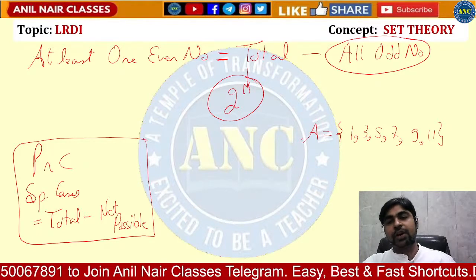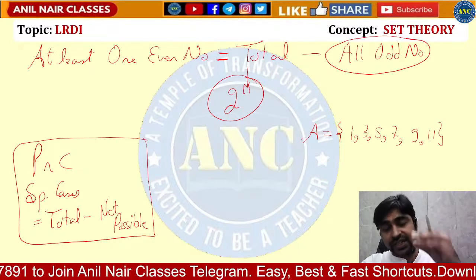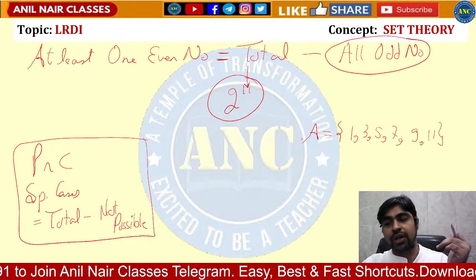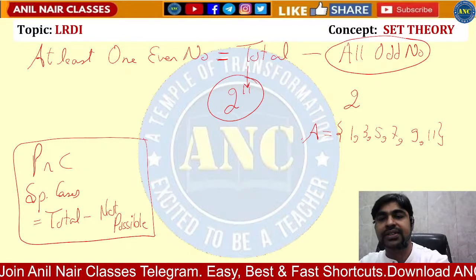So how much would that be? If there are 6 elements, the number of subsets which has all of them odd would obviously be 2 to the power of 6.